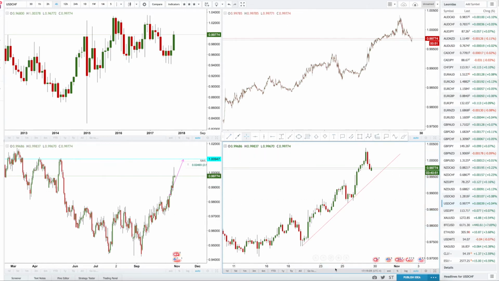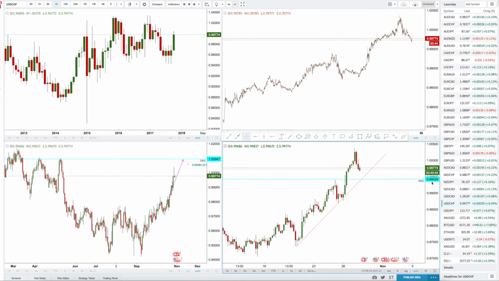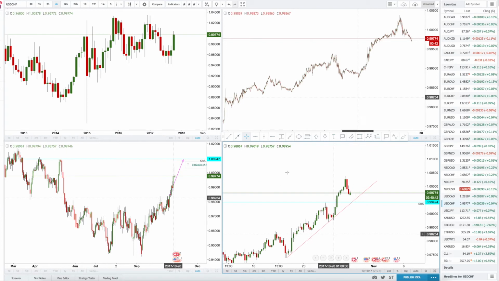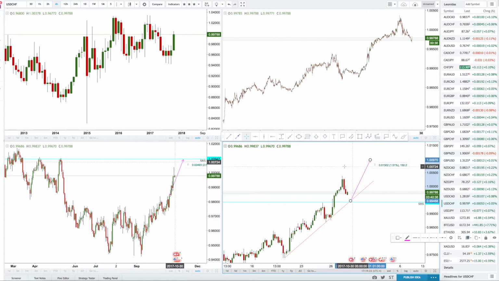You have SRS right here, so this would probably be a good area for it to go higher, like so. But it's only 150 pips here, but that's reasonable for that pair.